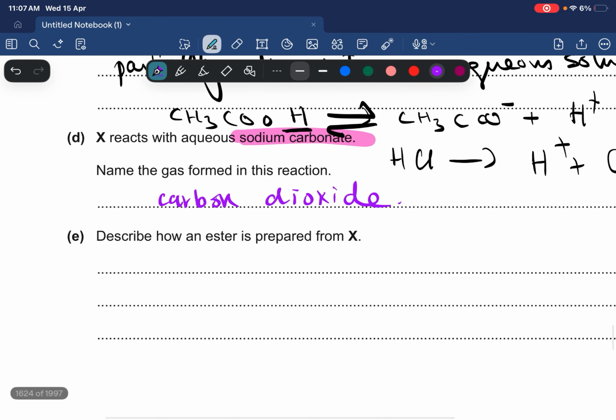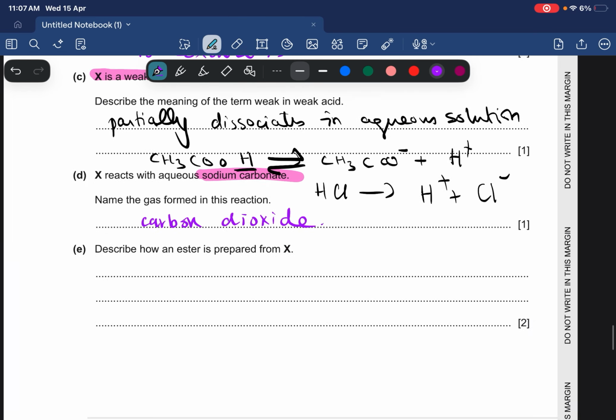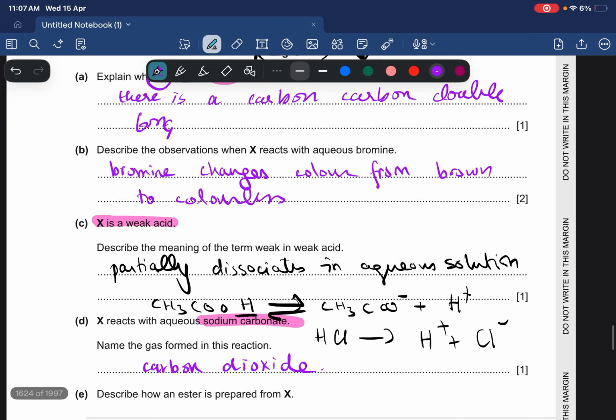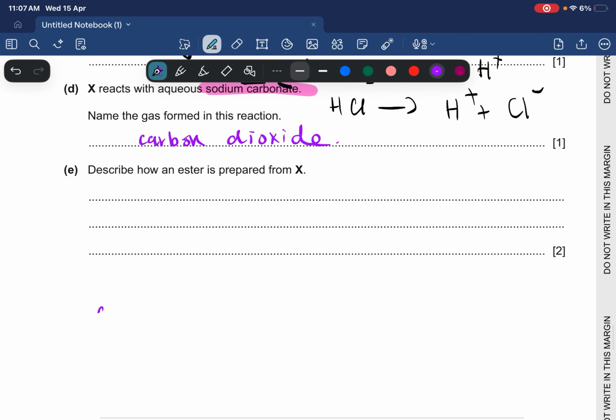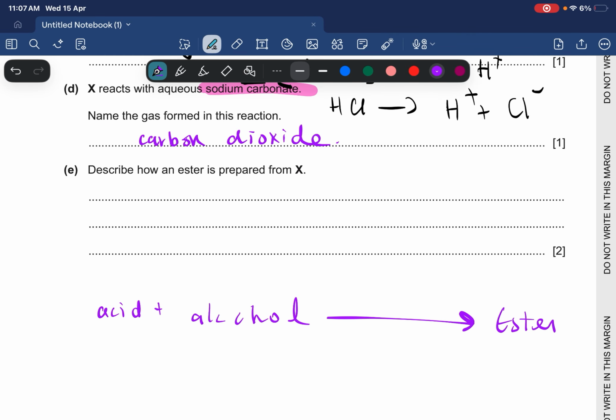Describe how an ester is prepared from X. Okay, so X is a weak acid. In acid, how do we prepare esters? Acid plus alcohol gives you an ester. We heat it, and then what else do we do? We add sulfuric acid catalyst. Please don't forget this.